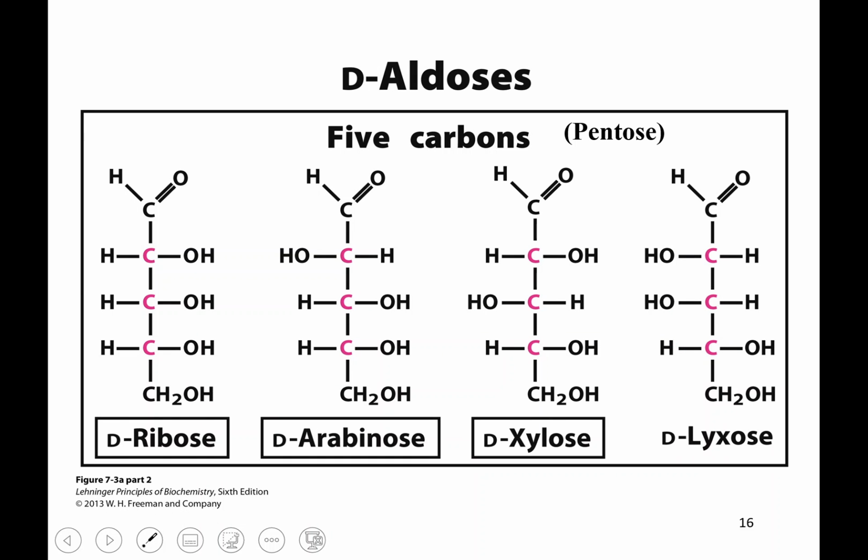Okay. The 5-carbon sugars, which are known as pentoses, these are the 4 of them, at least the aldose forms. Ribose is shown here, and ribose is one of those that you should know. Luckily ribose is pretty easy. You have the aldehyde, carbon 1, and then carbons 2, 3, and 4, the stereocarbons, with OH groups all on the same side.